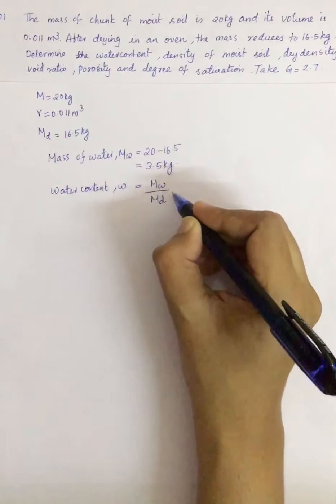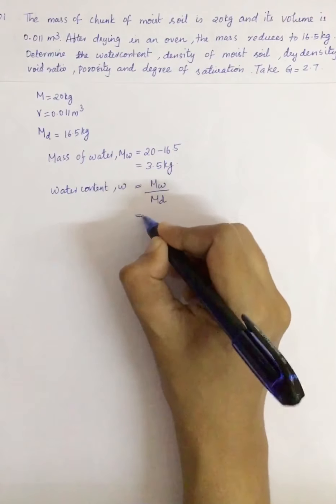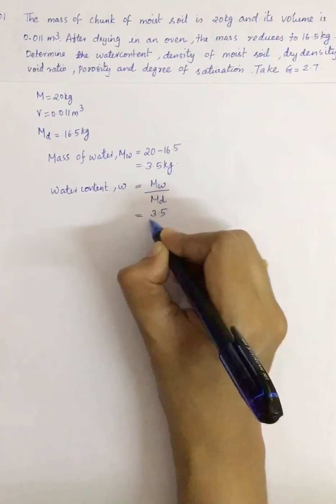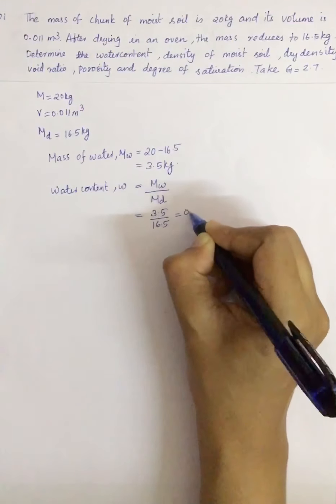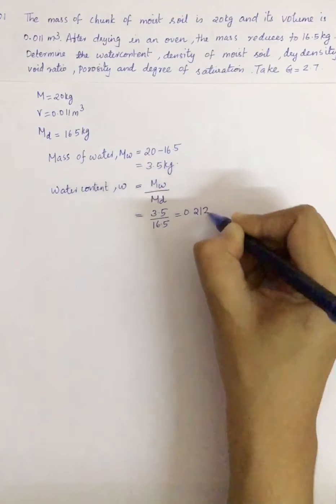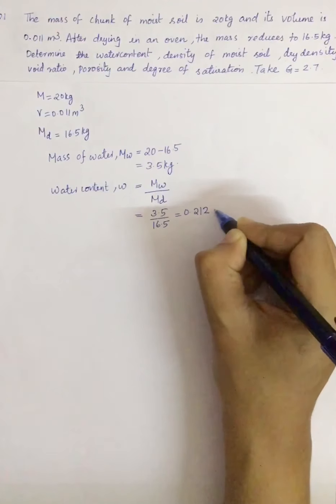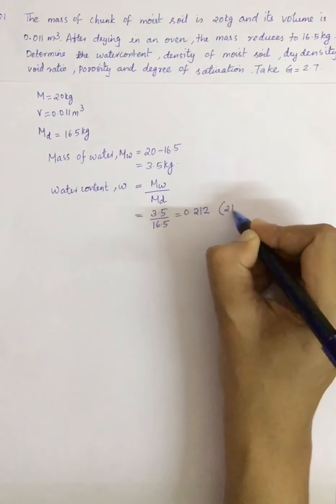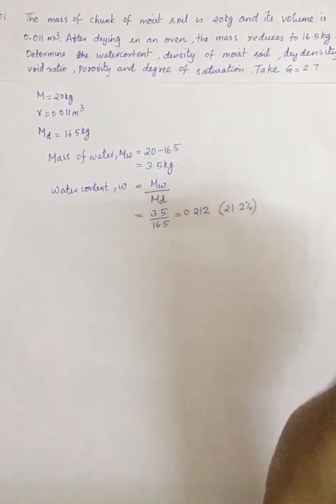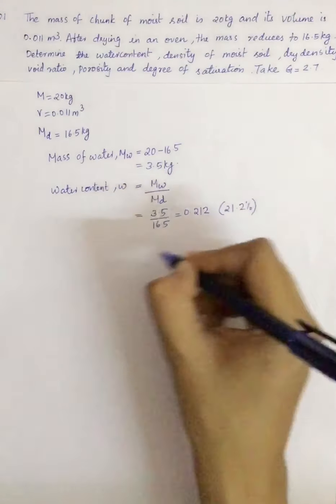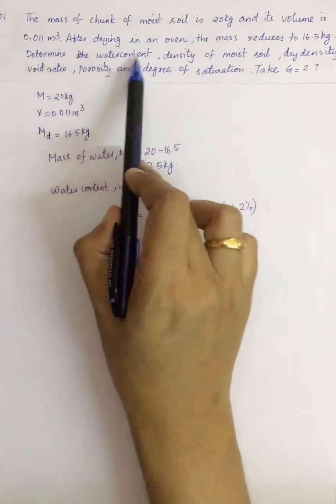So when you substitute, you will get it as 0.212. The water content is normally expressed in percentage, but for the calculation we will take it as 0.212. So the first term, water content, we found.